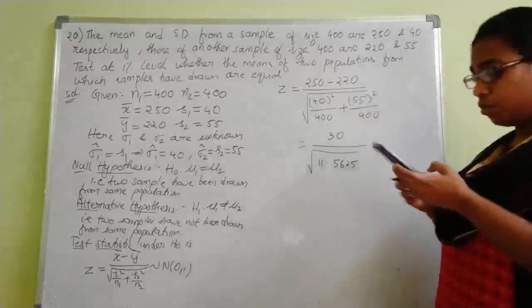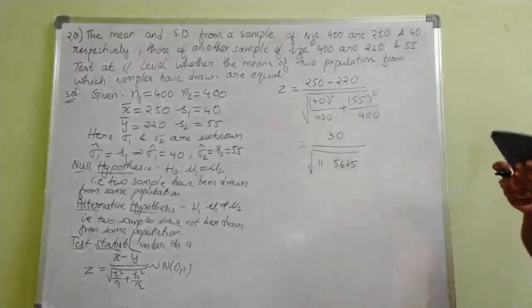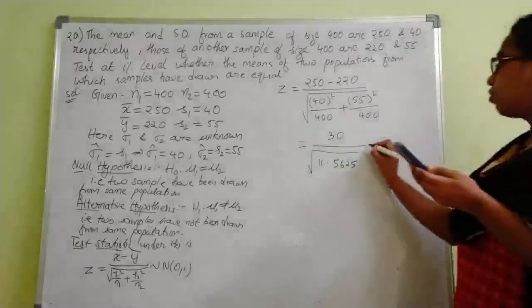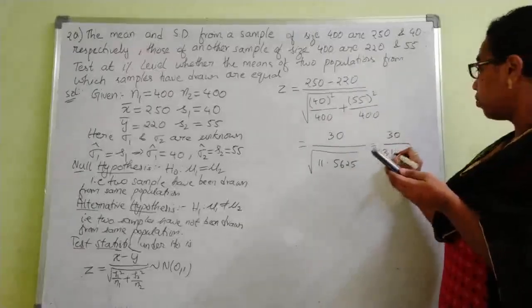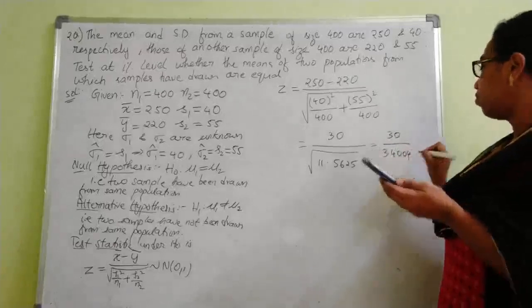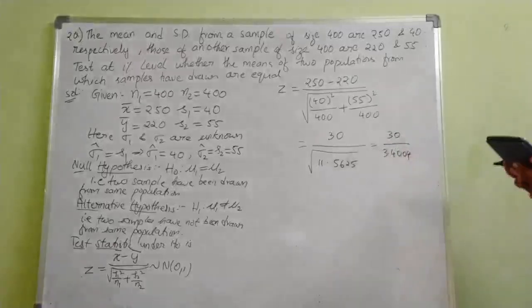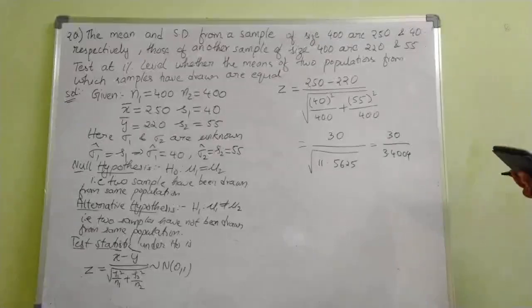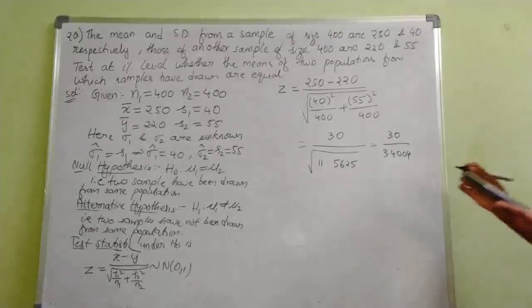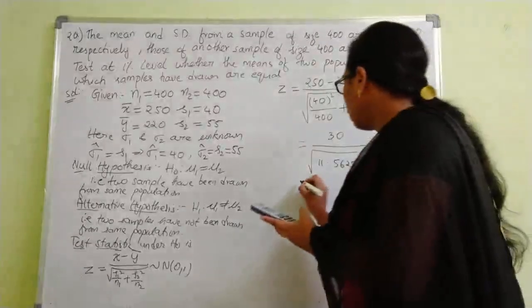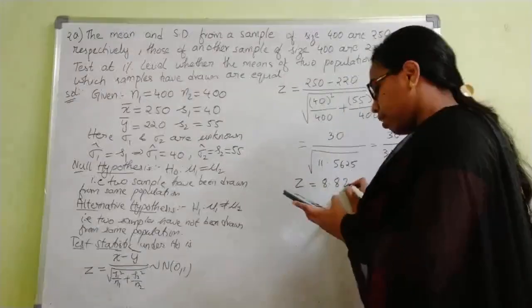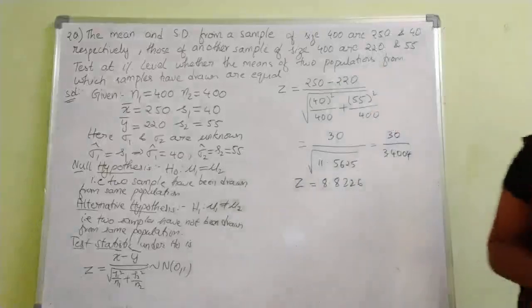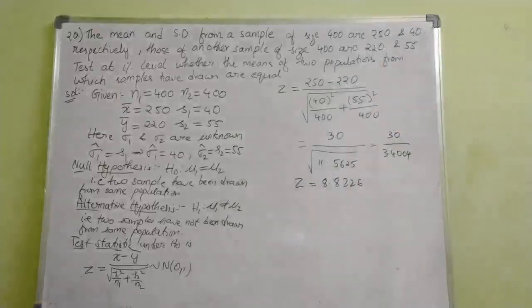The square root of 11.5625 is 3.4004. So 30 divided by 3.4004 is 8.8226. So Z equals 8.8226. This is our calculated value.